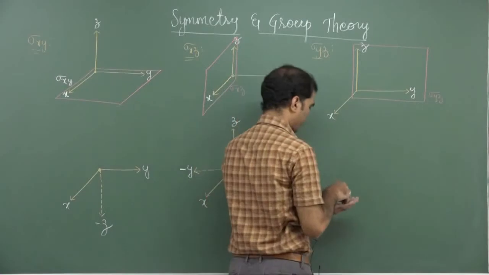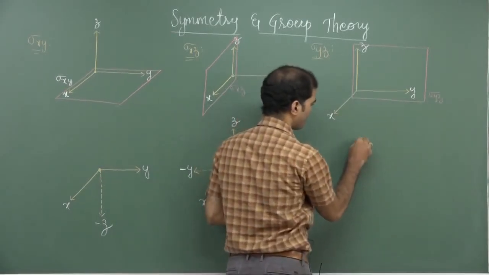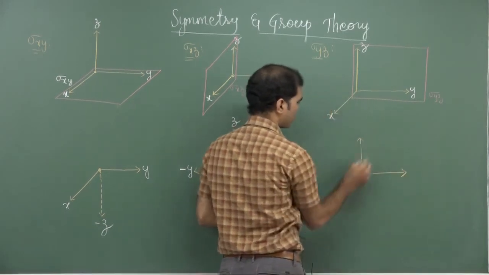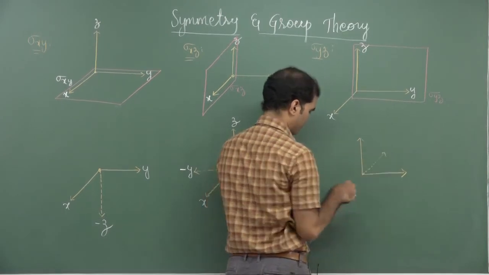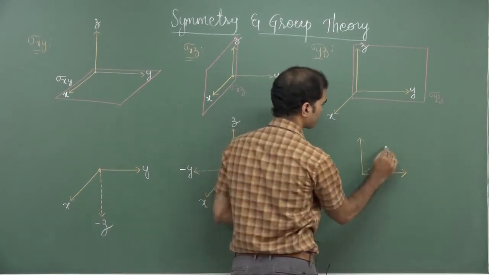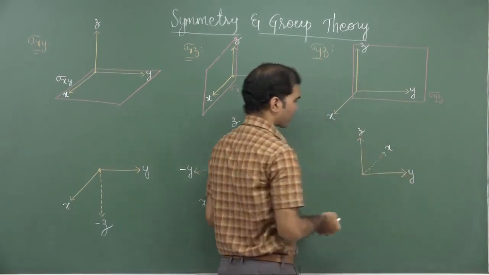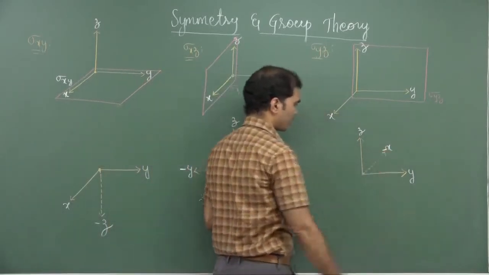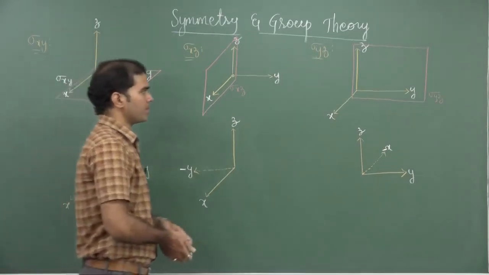Now since this particular plane is passing through y and z, those y and z will not shift, whereas x will be reflected in its opposite face. Since it is reflecting in the opposite face, you put minus. For that reason I have put a dotted line. So this is the conclusion.